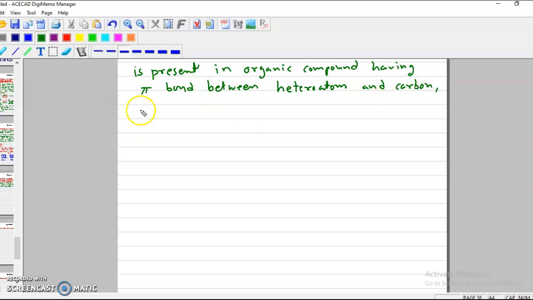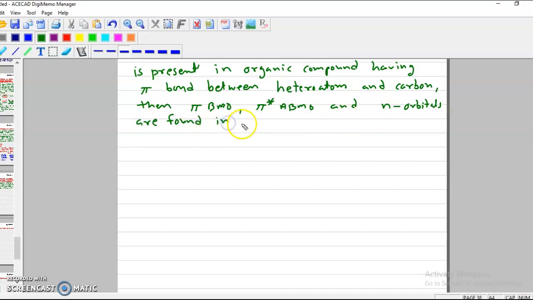Then the molecule has pi BMO, pi star ABMO, and n orbitals. These are found in the molecule.